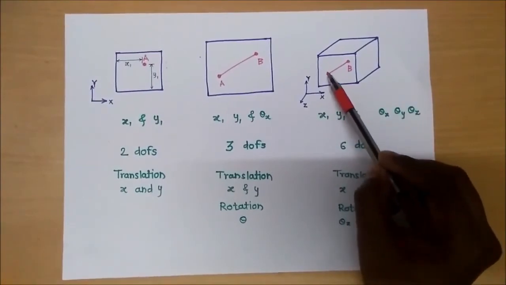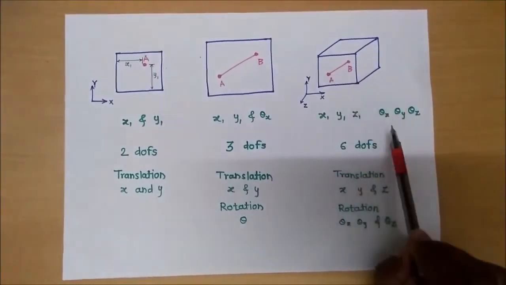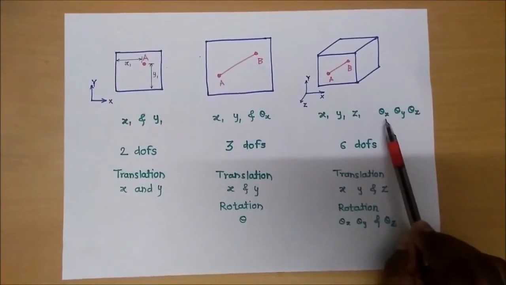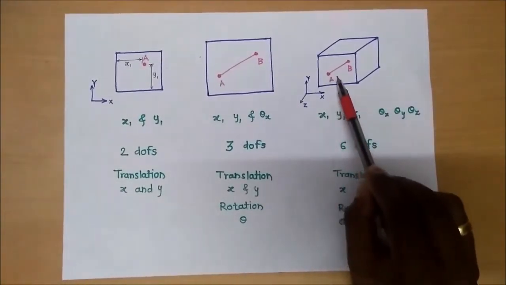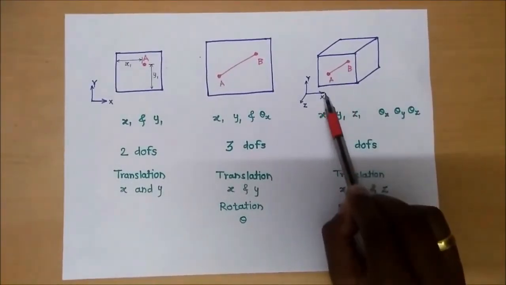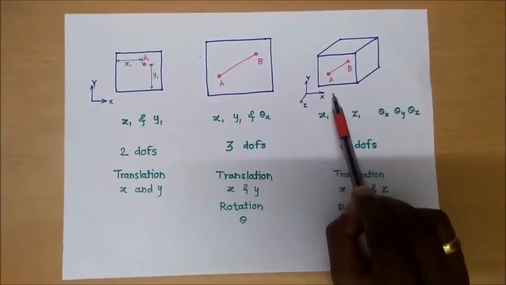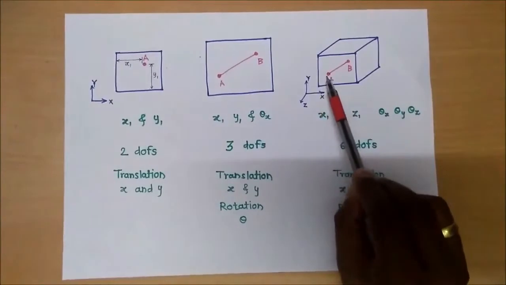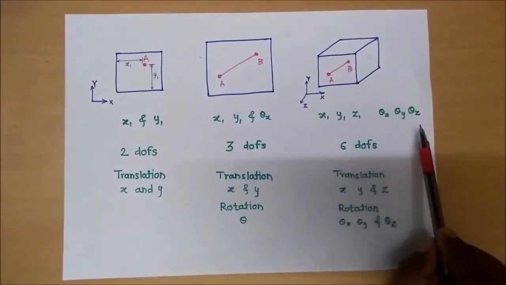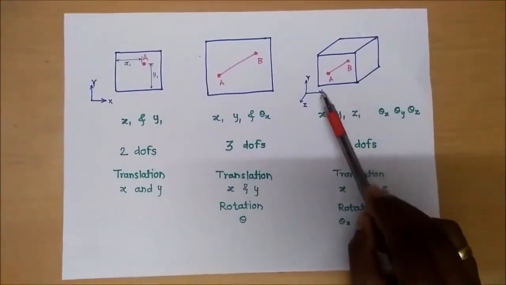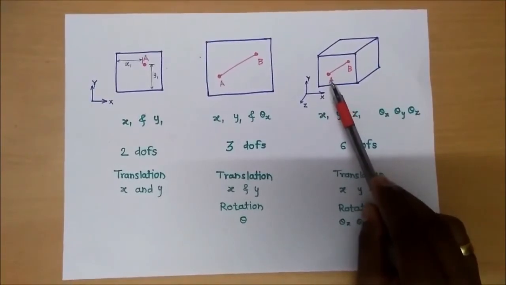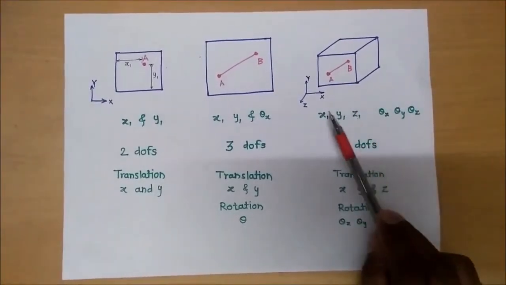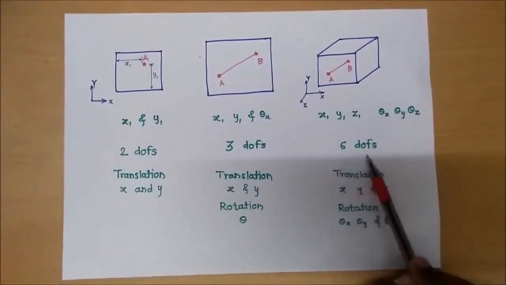As well as the 3 coordinates, we need theta x, the angle made to the x axis, theta y, the angle made to the y axis, and theta z, the angle made to the z axis. So we need a maximum of 6 degrees of freedom.